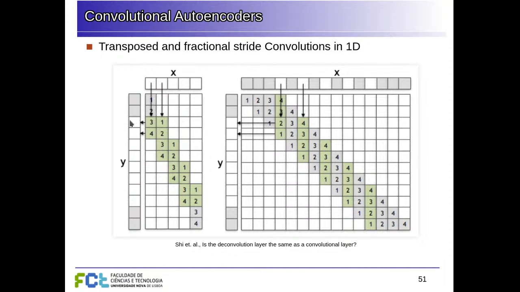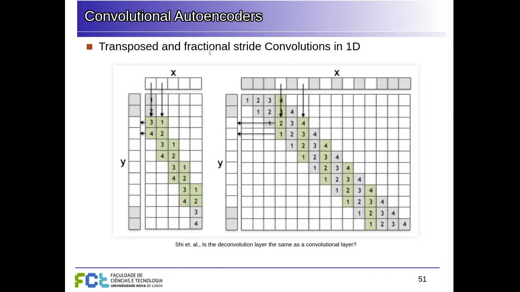For example, for this value on the y vector, we would add this weight multiplied by that input, and this weight multiplied by that input, because this is what we get when we slide again with the stride of 2. And we do the same thing for all the values here while we are sliding the kernel over the output. So depending on the stride and the padding, we can increase the number of values that we have in the output relative to what we had in the input. So this is one way of going from smaller feature maps to larger feature maps.